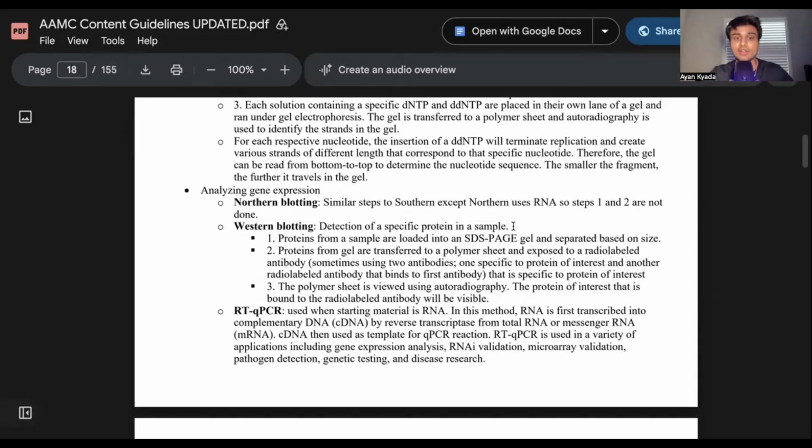So if we have a lot of protein or a lot of RNA transcripts, we could come to the conclusion that expression is upregulated because that gene is being actively transcribed into mRNA, and that mRNA is being actively translated into proteins. So it's an indirect measure of gene expression based on the number of RNA transcripts and proteins that we detect in a specific sample.